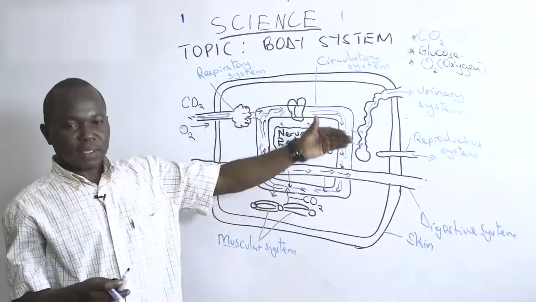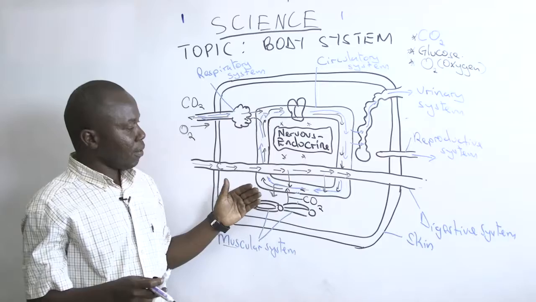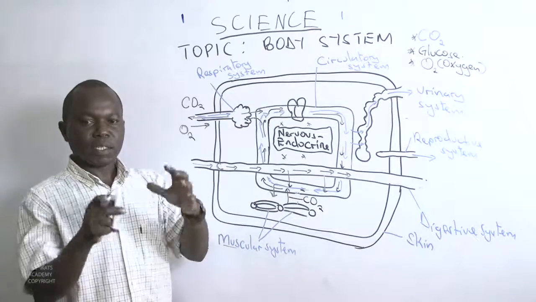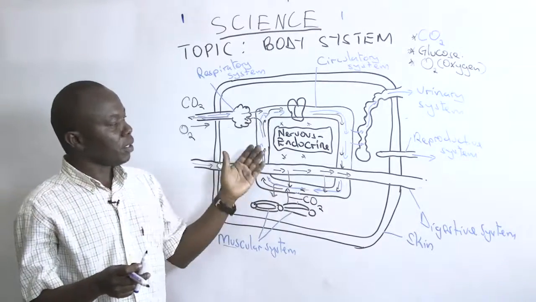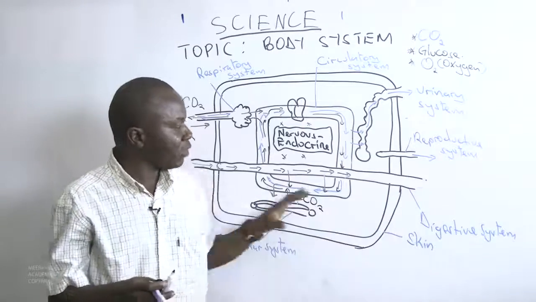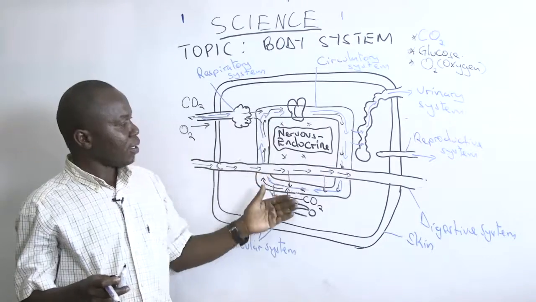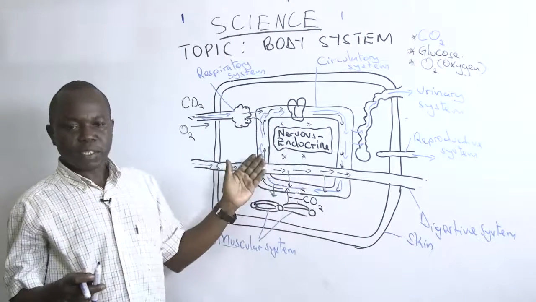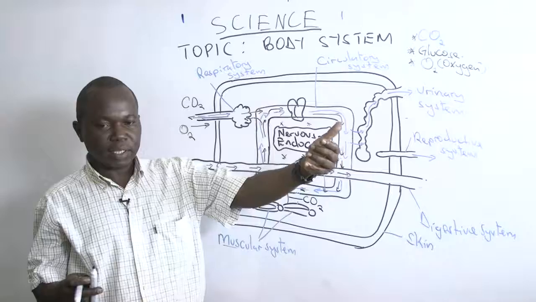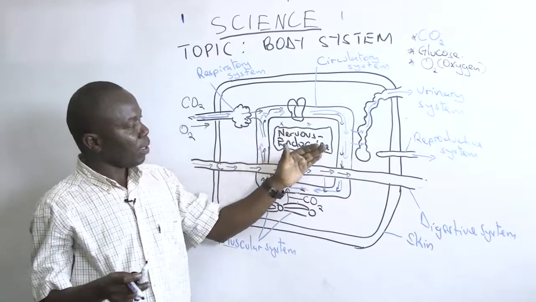So I think we have seen how this works, and it has helped us to understand the concept of systems working together. We have the digestive system supplying materials to the blood, and then blood now, as we have already said, is the one that delivers material to the rest of the body.